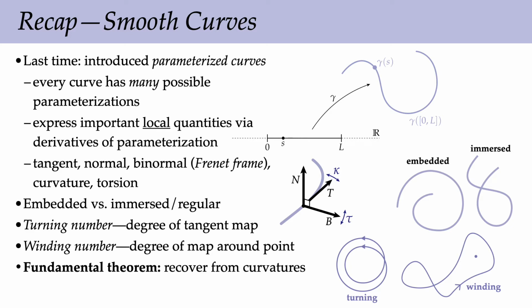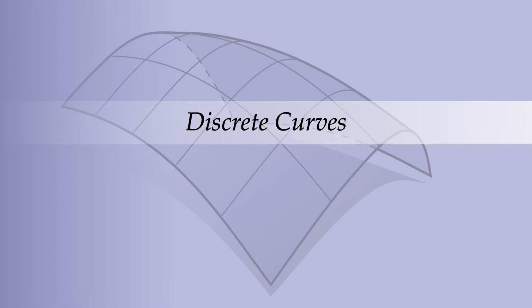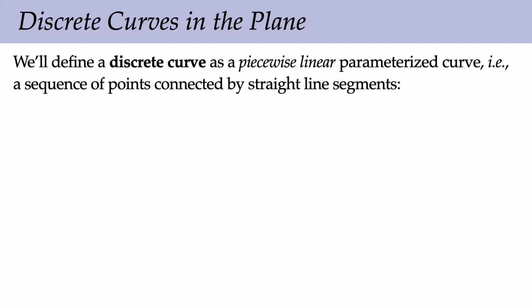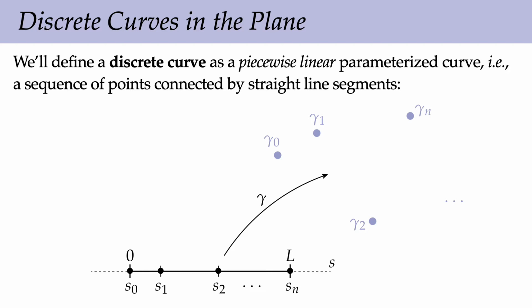Okay, so what do we mean by a discrete curve? Let's start out, as before, in the plane, where we will define a discrete curve as a piecewise linear parameterized curve. Put more simply, a sequence of points, gamma 0, gamma 1, gamma 2, and so forth, that are connected by straight line segments.